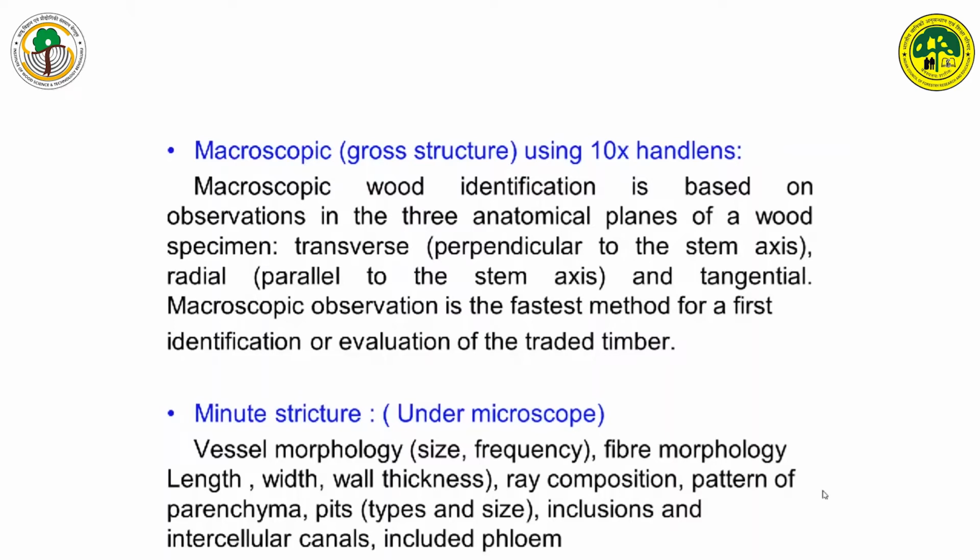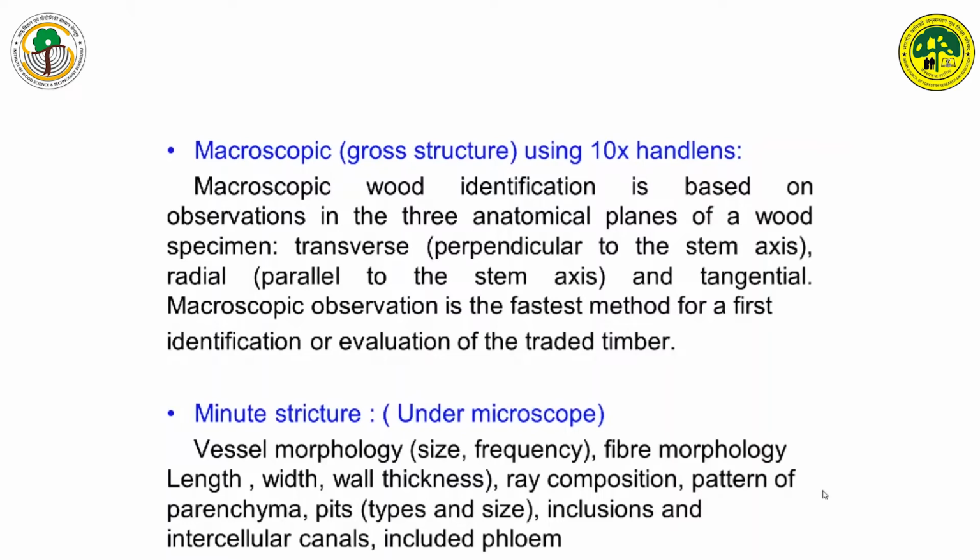Under the microscope, we have to study the vessel morphology, that is the size and frequency of the vessels, then fiber morphology, that is the length, width, and wall thickness, then the ray composition, pattern of parenchyma, pits, that's the type and sizes, inclusions and intercellular canals, and included phloem. These are the characters which will be seen under the microscope.